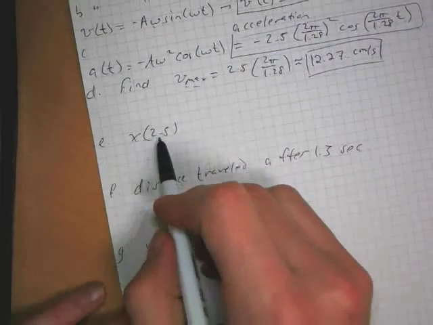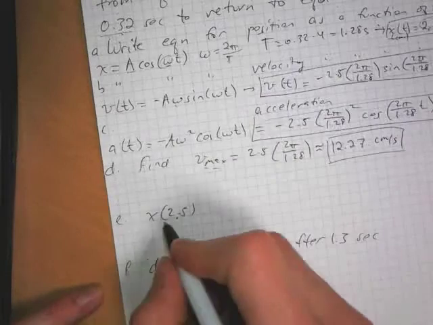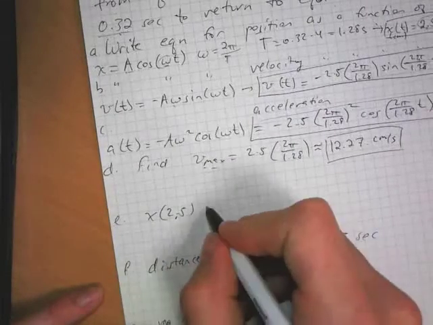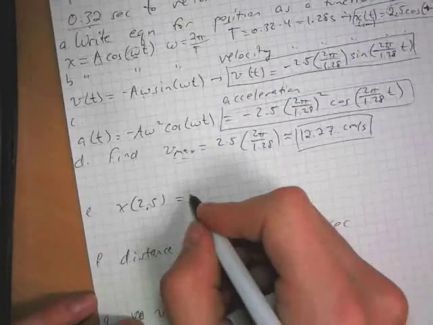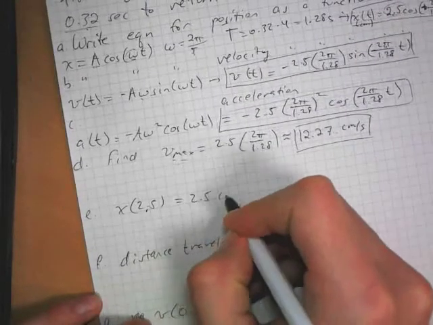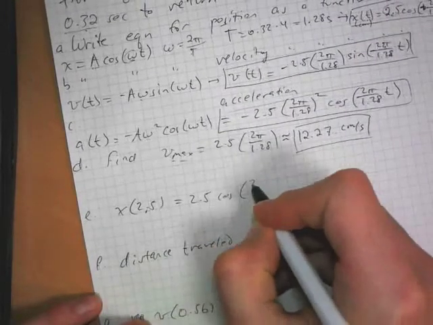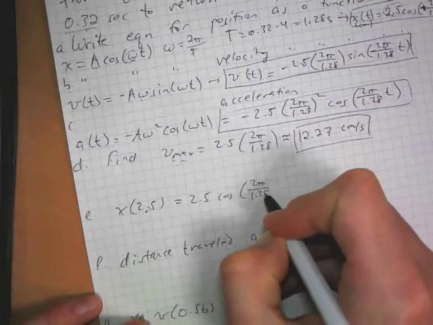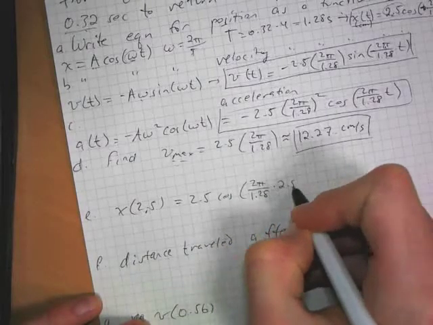Here I want to make a point, x of 2.5 seconds. Well, I'm just plugging that into our equation here. That's 2.5 cosine of 2 pi over 1.28 times 2.5.